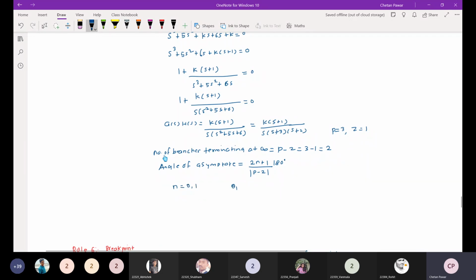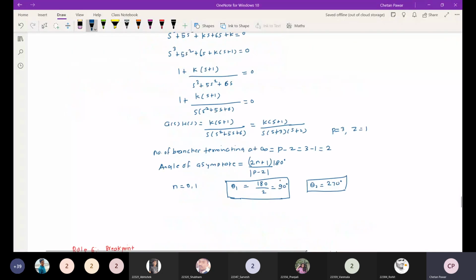So for theta 1, n will be 0, so that will be 180 divided by 2, which is 90. And theta 2 will be 270. So these are the angles of asymptotes. This is the way to find the angles of asymptotes.